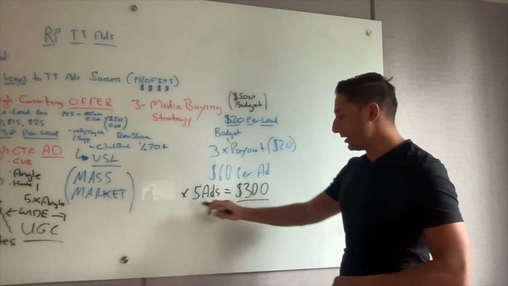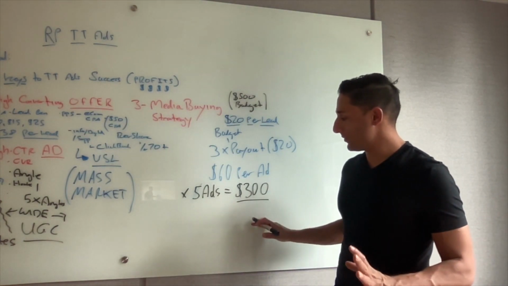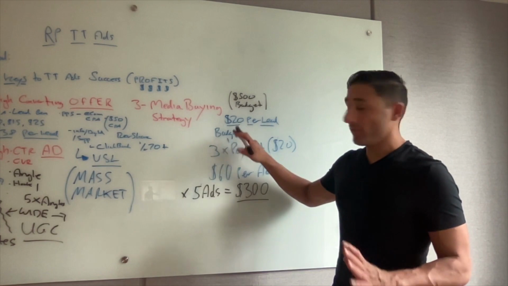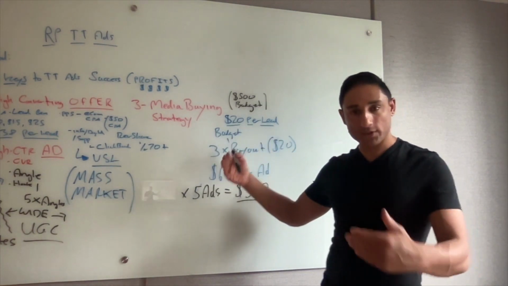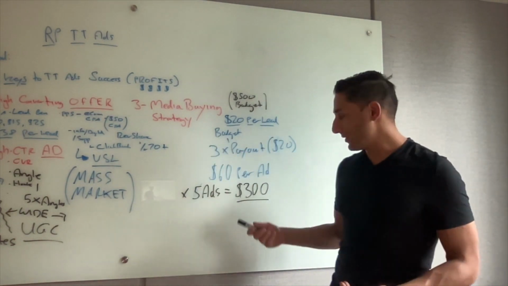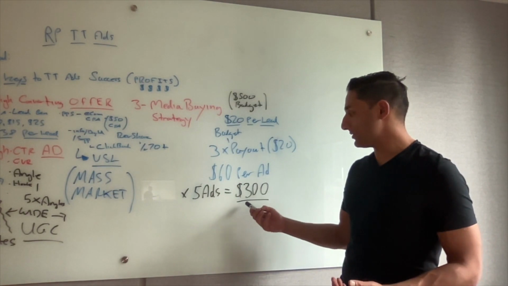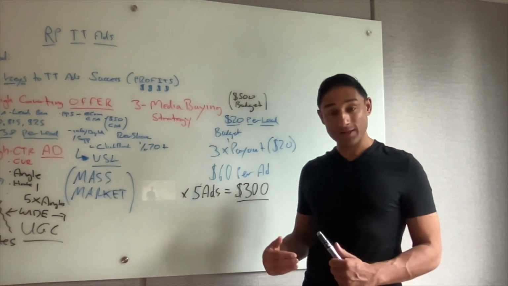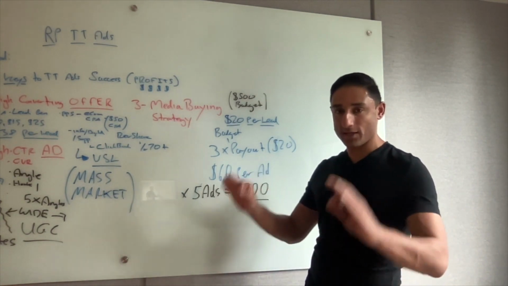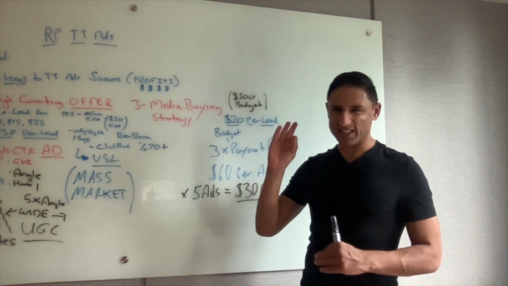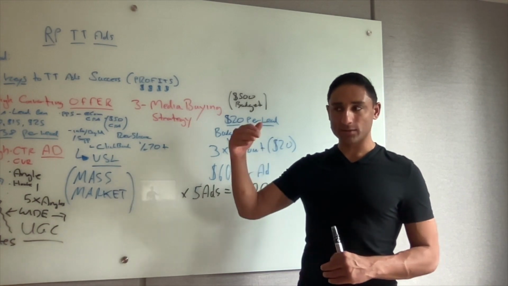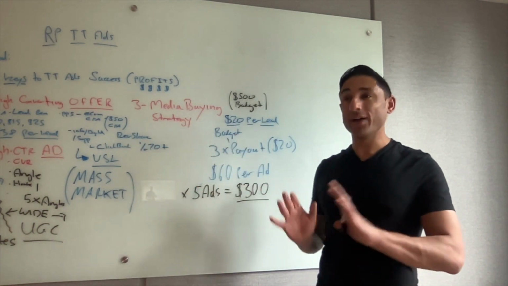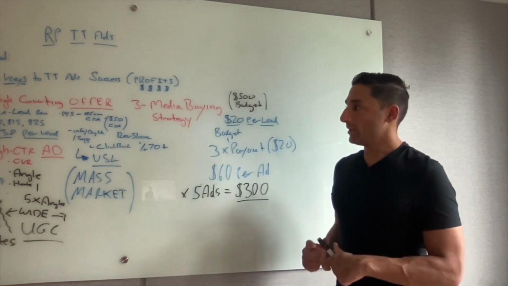Okay, so 5 ads, we need 300. If the offer payout was $40, then we would basically need to double that budget to 600, right? Because typically, unless the offer was exactly the same and we got twice the payout, that usually doesn't happen, okay?